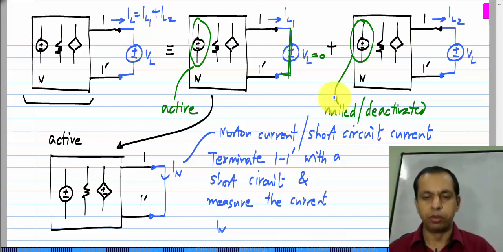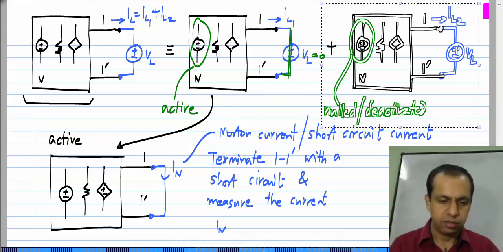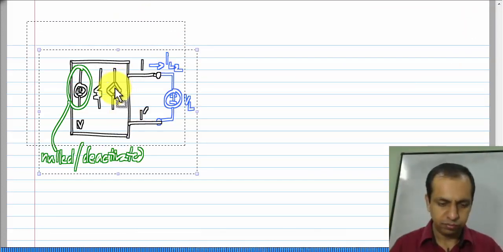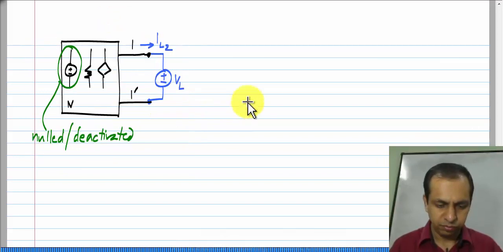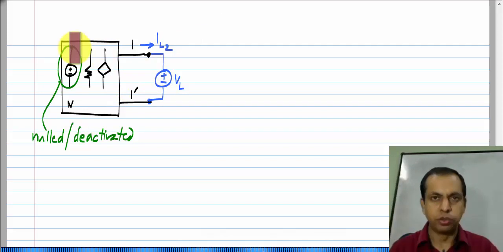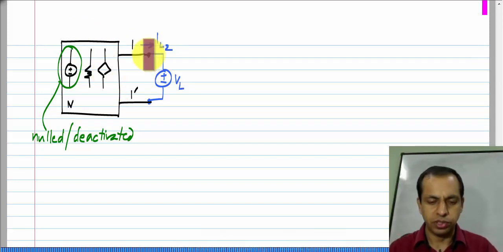And let me look at the second case where all the internal sources are nulled. Right, all the internal independent sources are nulled. We have only linear resistors and linear control sources, and we know that such a network consisting of linear resistors and linear control sources looks like a resistor from these two terminals.